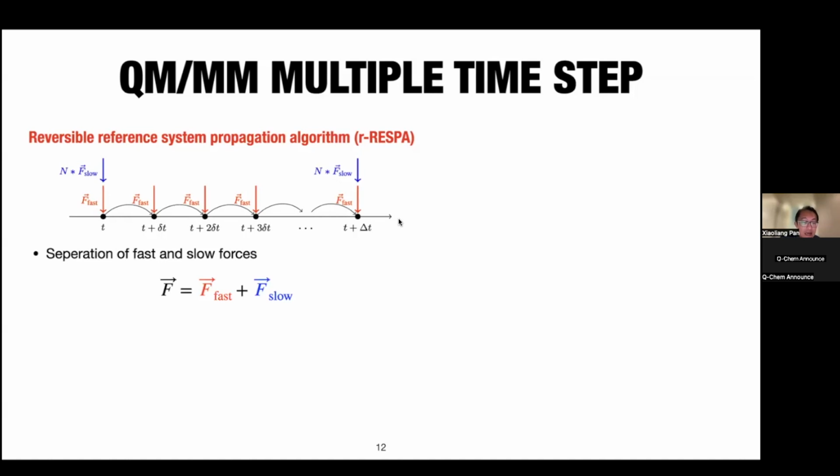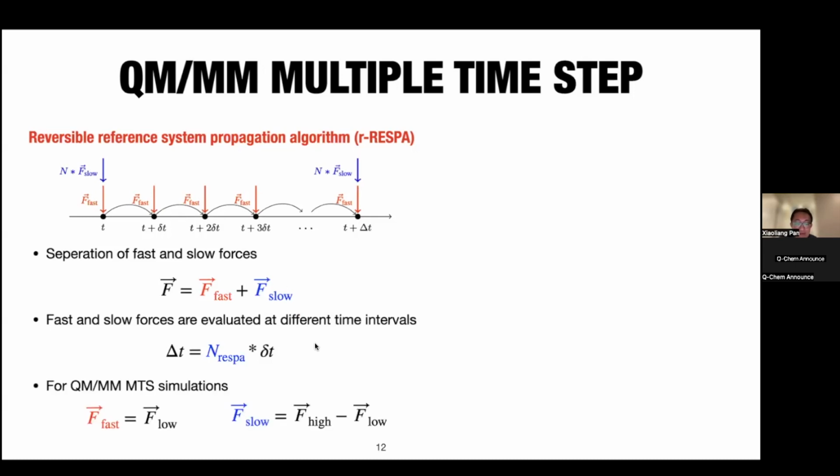So the idea is, if we can separate the force of the system into some fast components and some slow components, then we can use different time steps for the different components. And if we can construct our system in a way that the slow components are also slower to evaluate, you can see this can enable us to run faster simulations.